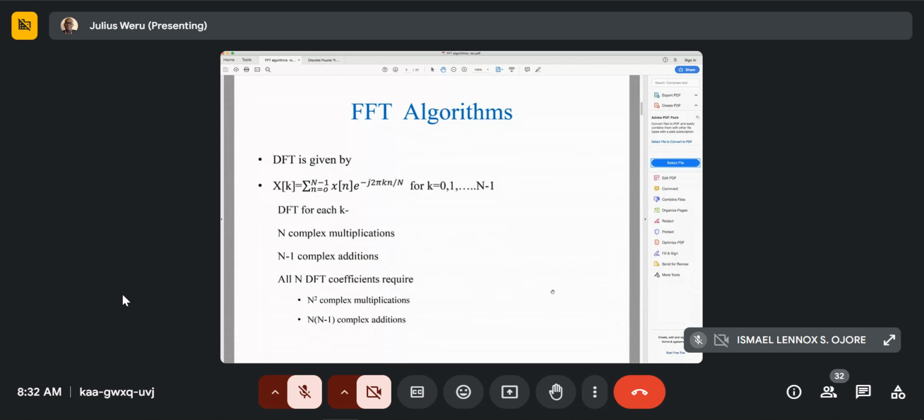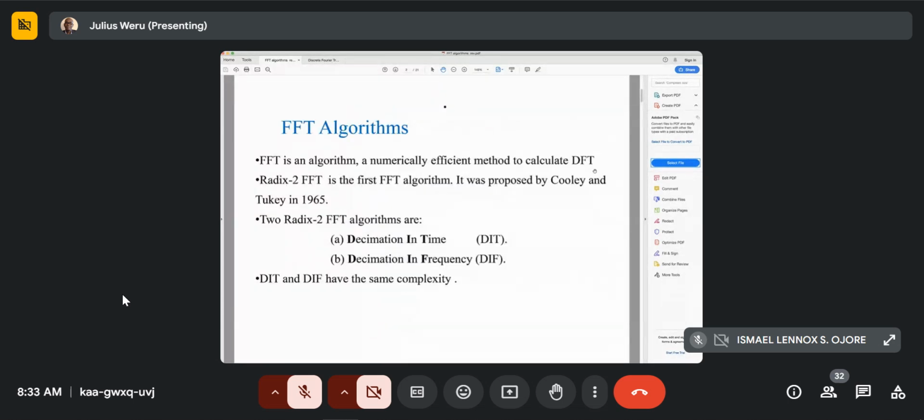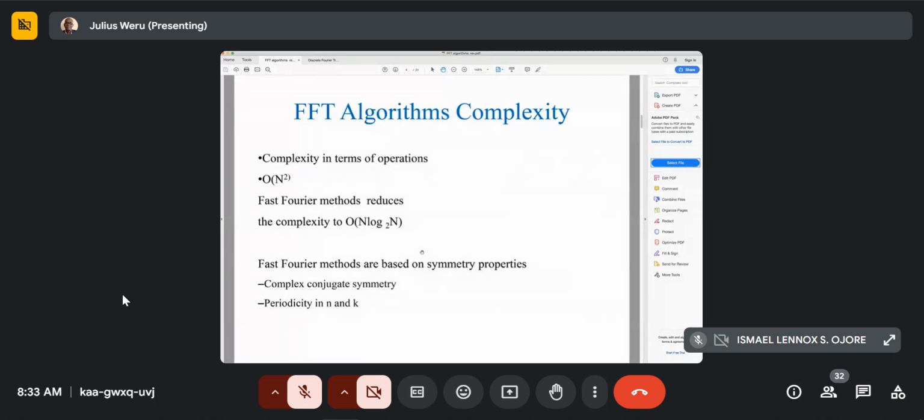But for the purposes of complexity, we will look at the multiplications. These are the ones that bring the complexity.